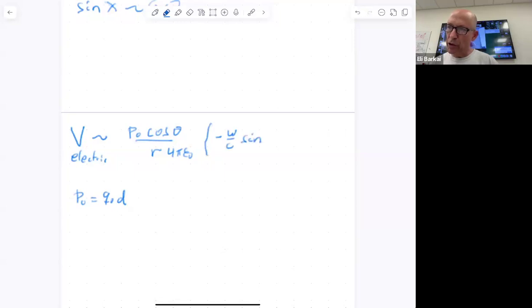I'm switching the order of what we had before. Omega t minus R over c. Again, you see here the retarded time. It's not the local time, it's the time where we use the approximation that R plus is R to leading order, plus, this is all in the parentheses, 1 over R cosine omega t minus R over c.